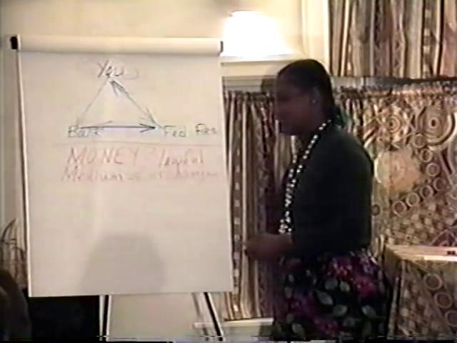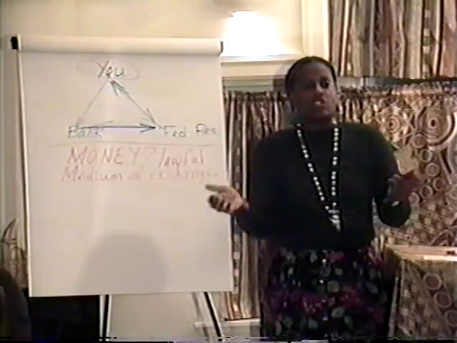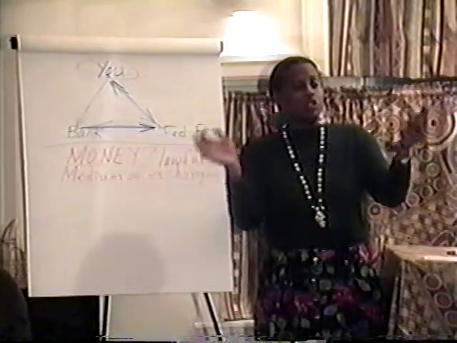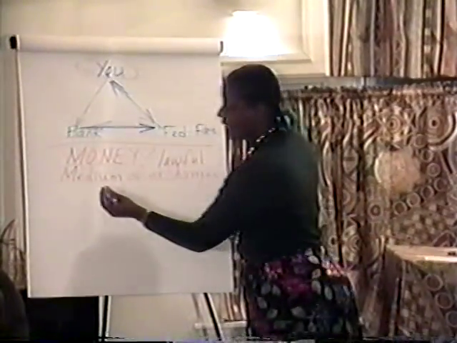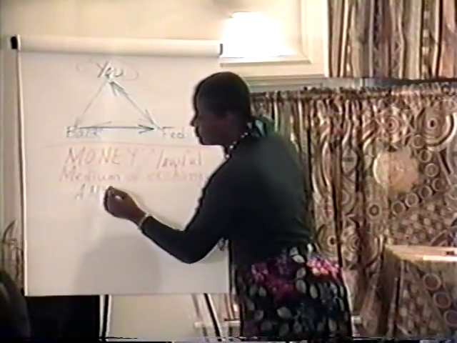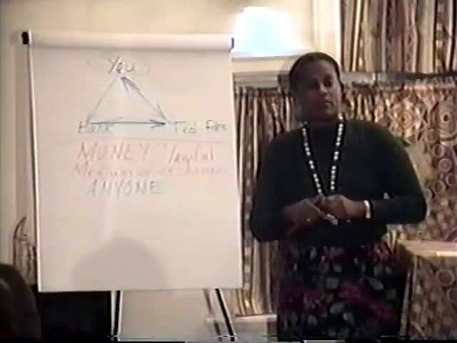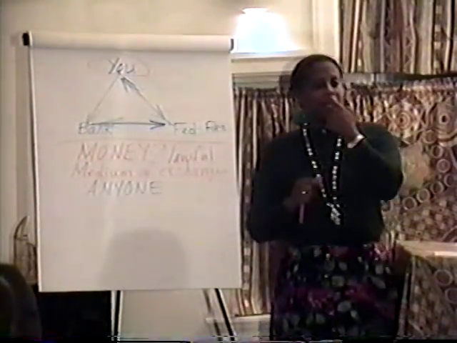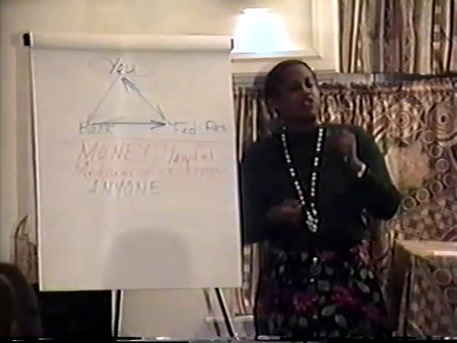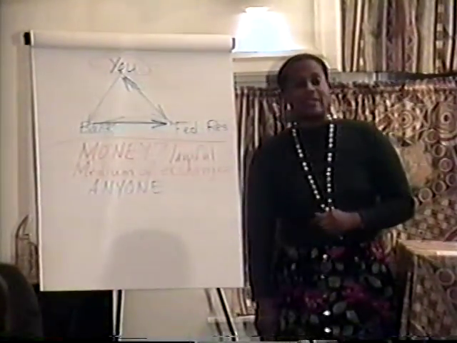Now, since money is lawful and it is a medium of exchange, who can trade in money? Who can use money to trade? Anyone. Anyone can use money to trade. And here's what happened. As the people began to fall out of their sovereign status, they could no longer use currency.